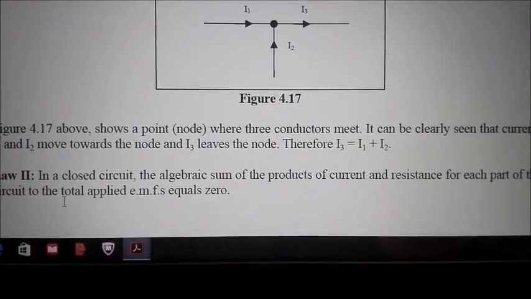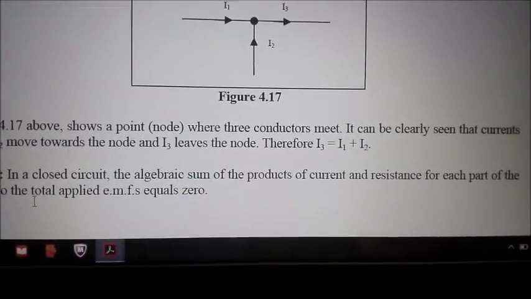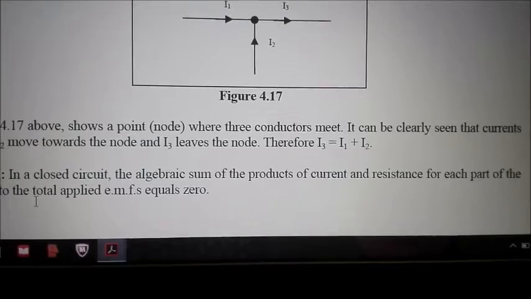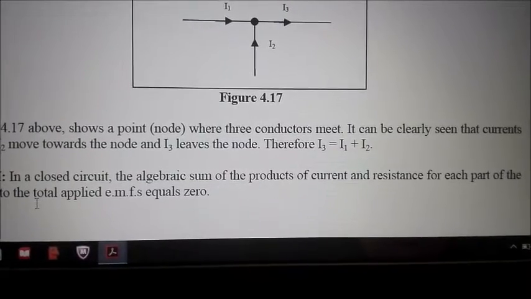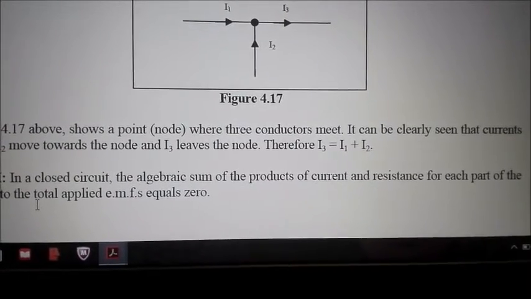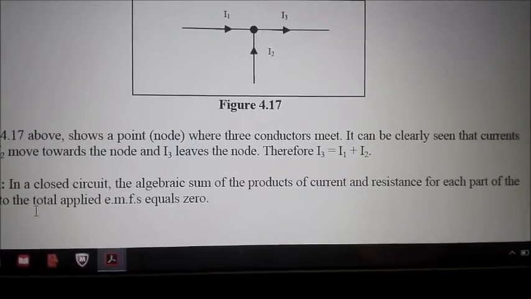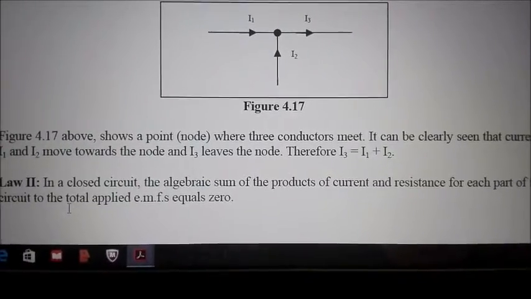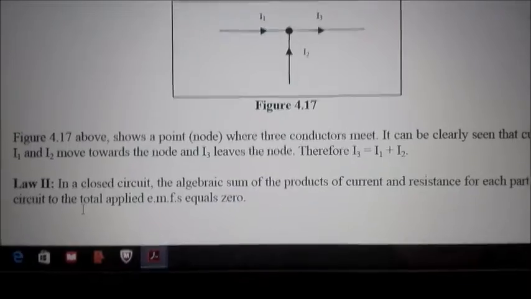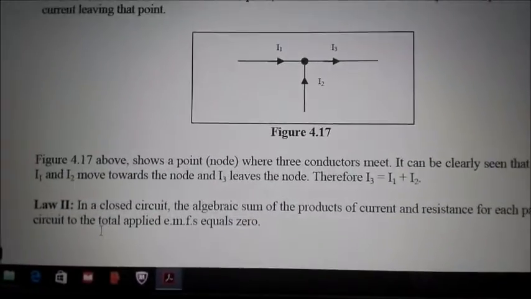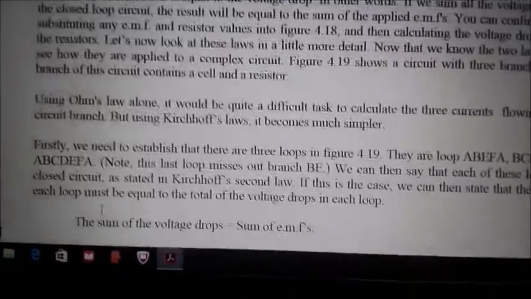Which basically means that current, which is I, times R, is actually voltage. So the sum of those products plus the total EMFs will equal 0. The examples we're going to do now will make things a bit more clear.